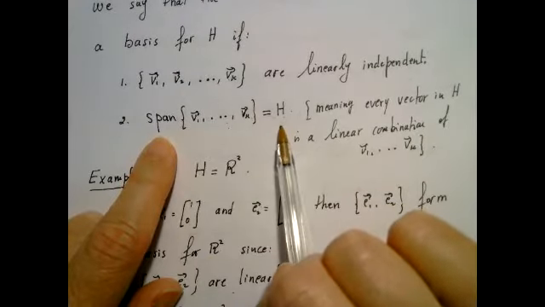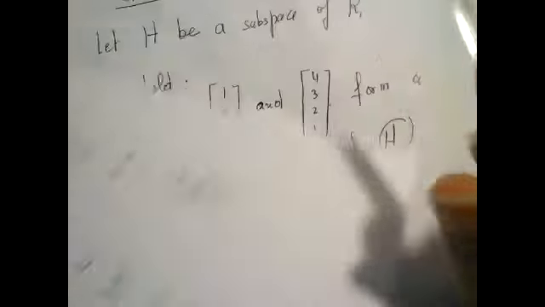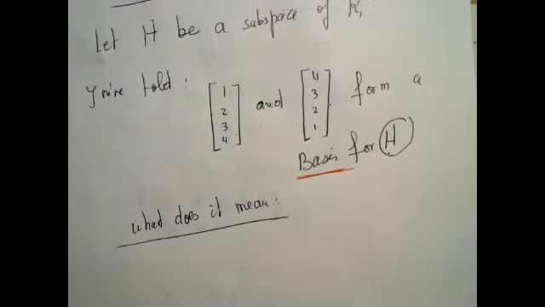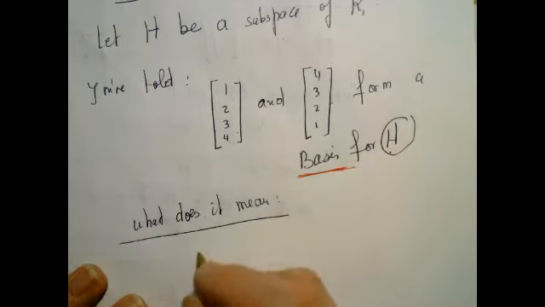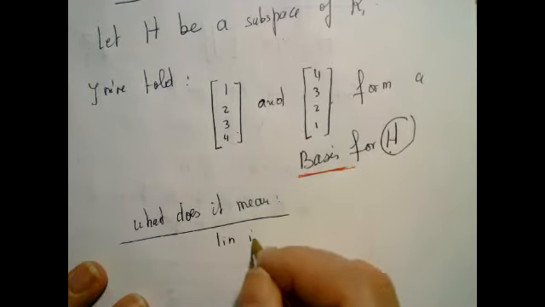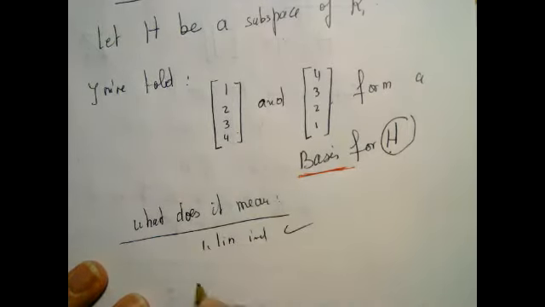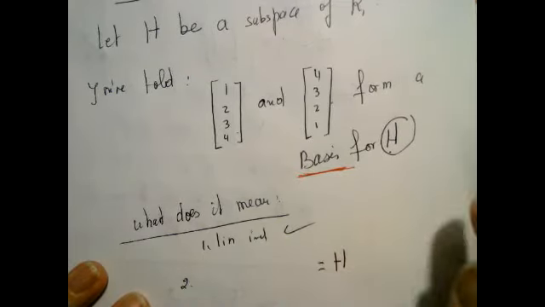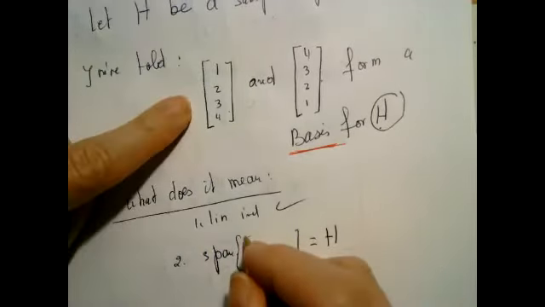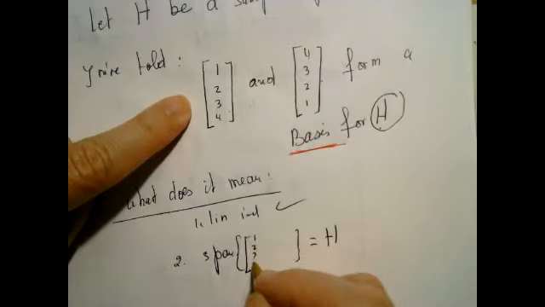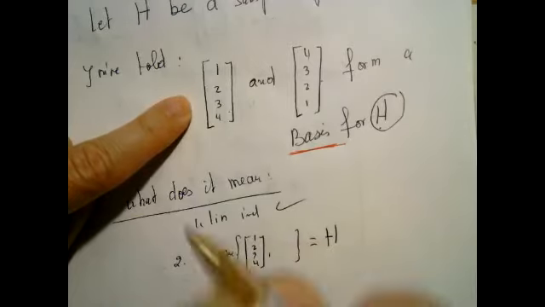And that's the crucial idea. By telling me that they are a basis, they are telling me what H is. Basically, they're giving me H. They are linearly independent, of course. But more importantly, they are telling me that H is nothing more than the span of those two vectors.